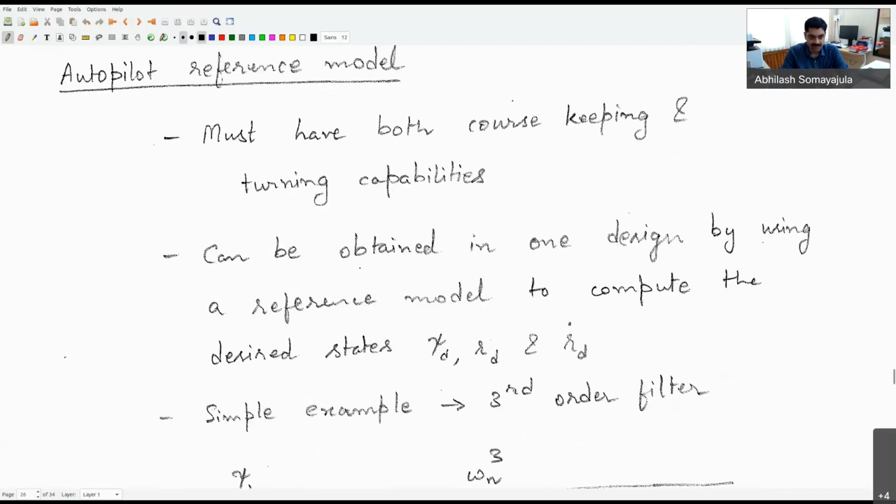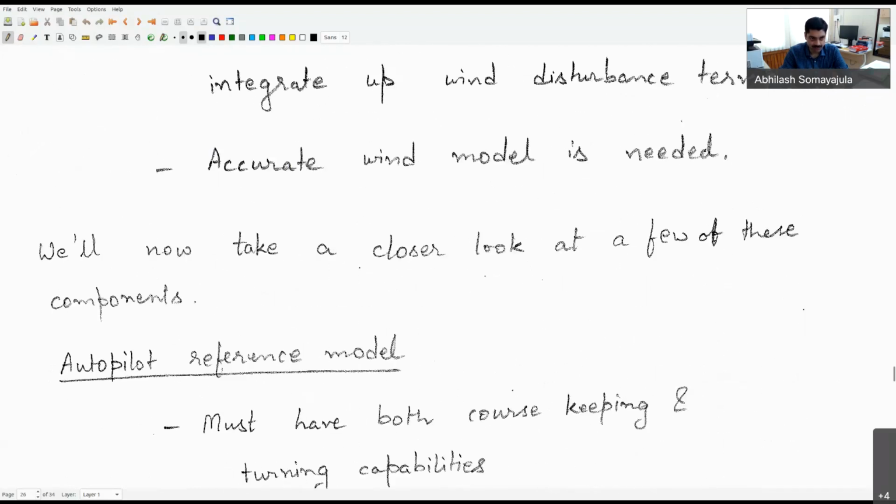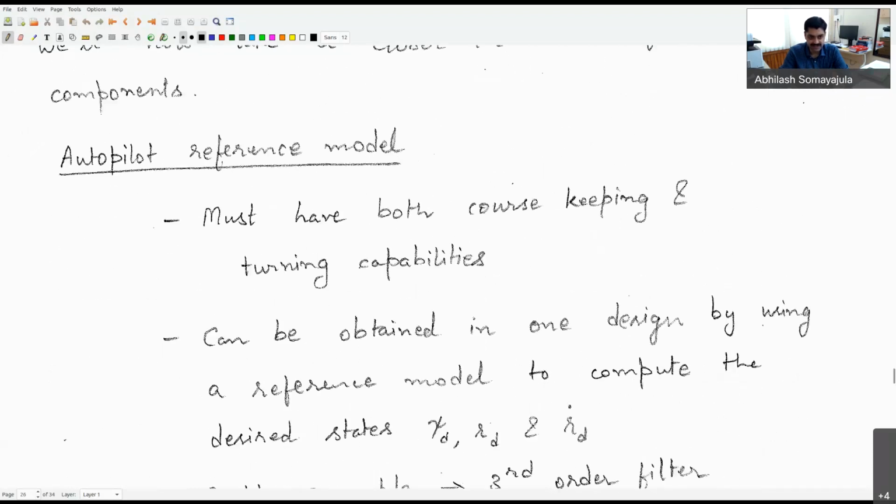Okay, so the main idea of this heading autopilot is that it should have a reference model, and both course keeping and turning capabilities should be present. So we are not just interested in keeping the same course, but we are also interested in how we should go about it if we want to change the course.